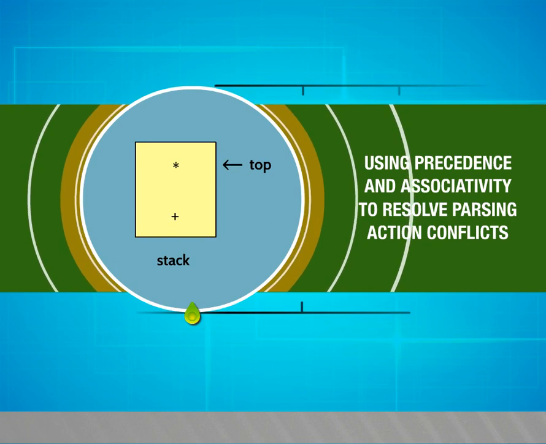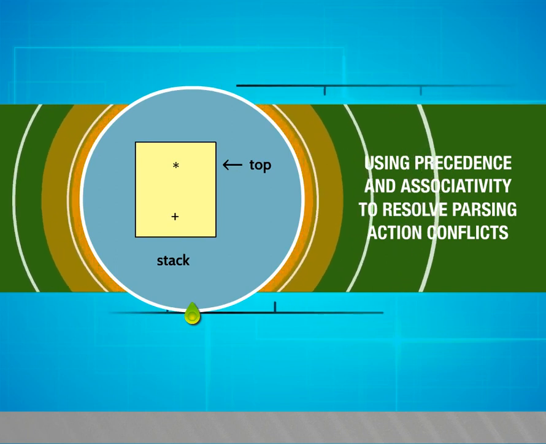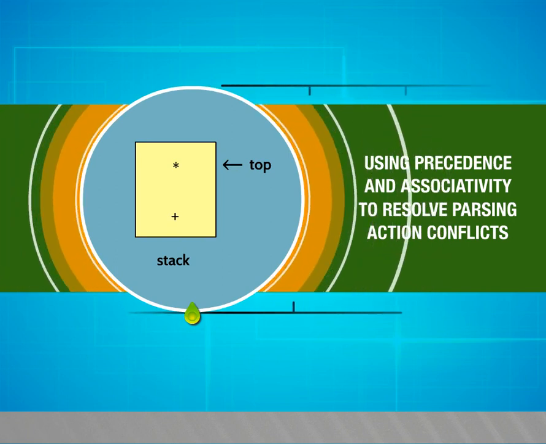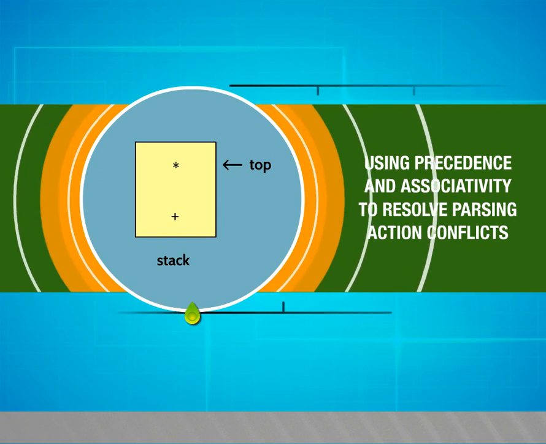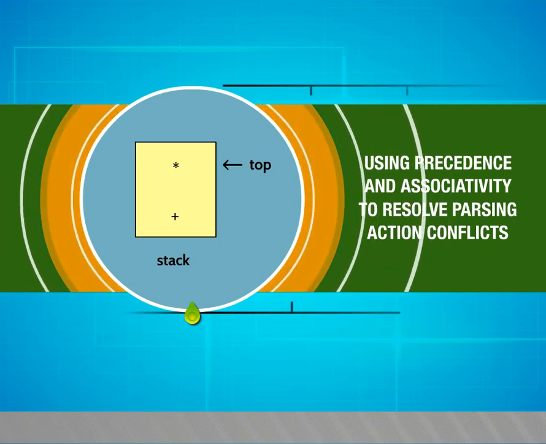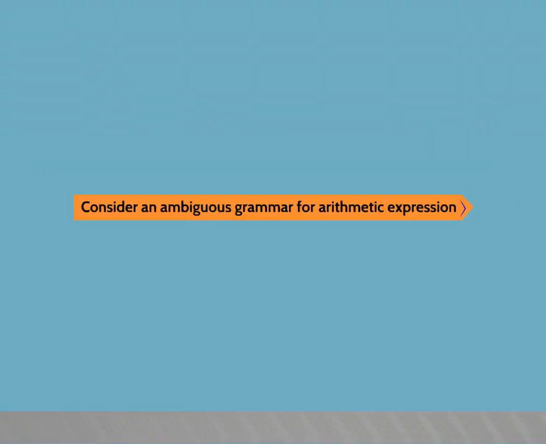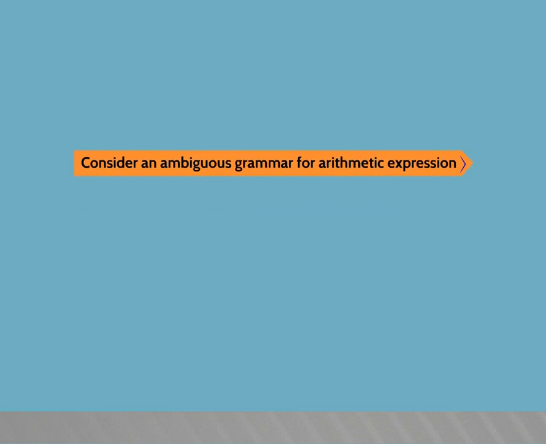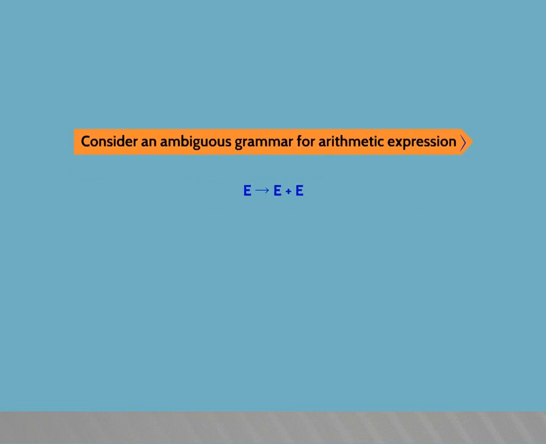Using precedence and associativity to resolve parsing action conflicts. In this video, we are going to see about using precedence and associativity to resolve parsing action conflicts. Consider an ambiguous grammar for arithmetic expressions: E → E + E, E → E * E, E → (E), E → id.